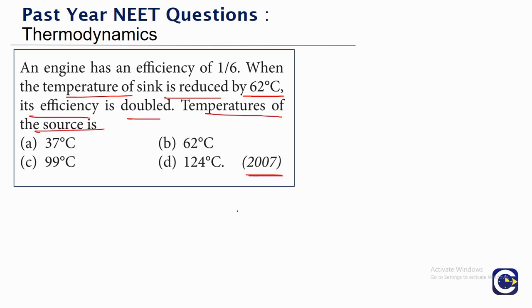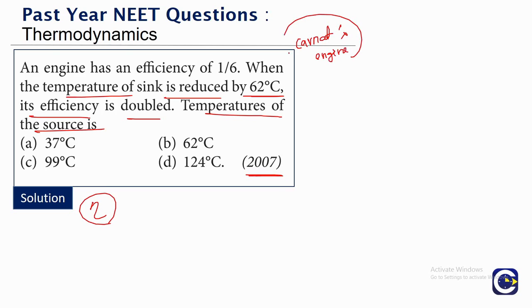So here they are expecting that we use efficiency relation to temperature. Now remember, this can be only done if you are assuming that the heat engine is Carnot's engine. Because only for the Carnot's engine, eta will be equal to 1 minus T2 by T1, where T2 is the sink temperature in Kelvin and T1 is the source temperature in Kelvin.